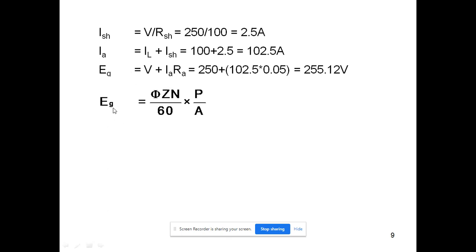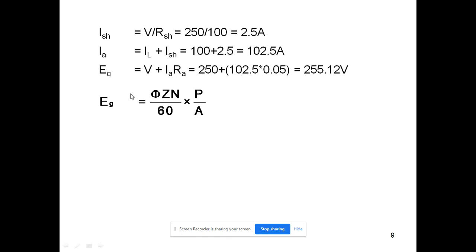Here we already got this Eg, which is nothing but 255.12 volts. In the given data, phi is given, Z is also given. Z is nothing but the total number of conductors, that is 36 into 18, and P is the number of poles, which is also given. A is the number of parallel paths, which is also given.